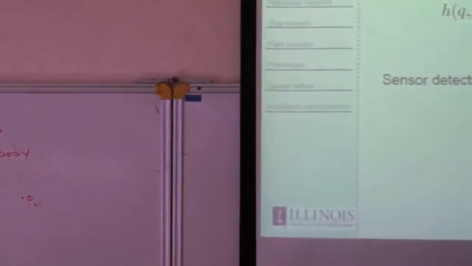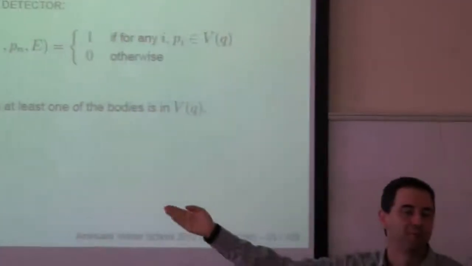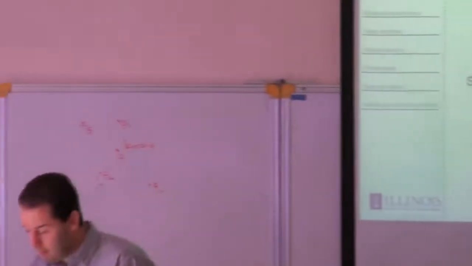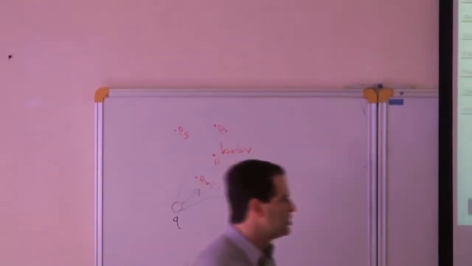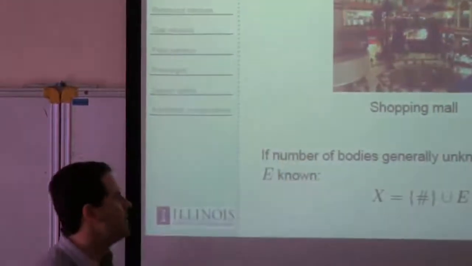And then my sensor just tells me, yes, there's at least one body in view. So that's a binary sensor that can tell you that. Maybe it counts the number of bodies.